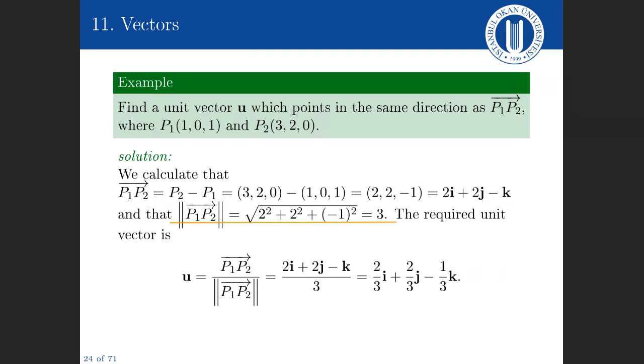As soon as we know this, we can calculate the vector that we asked for. The unit vector that we want is P1P2 divided by the norm of P1P2. And if we put these numbers in, we find that the unit vector that we were asked to find is 2/3 i plus 2/3 j minus 1/3 k.